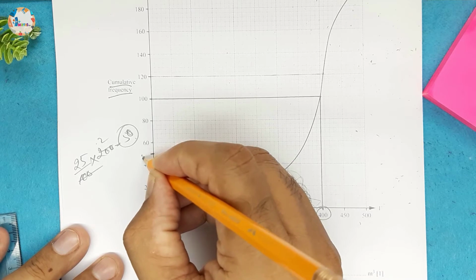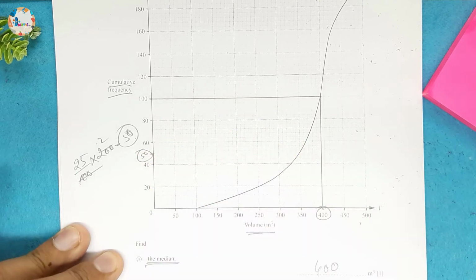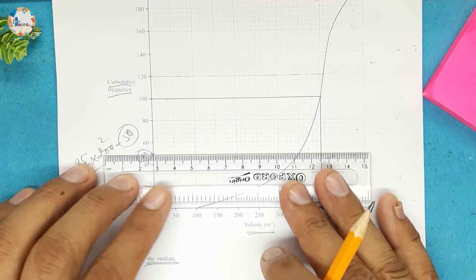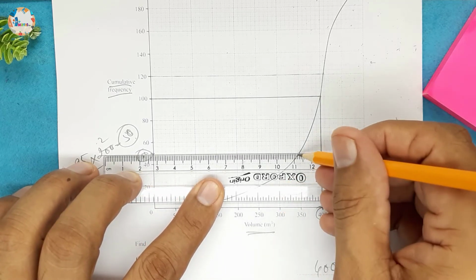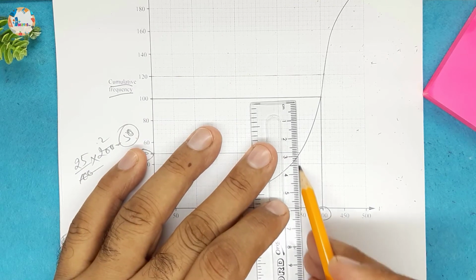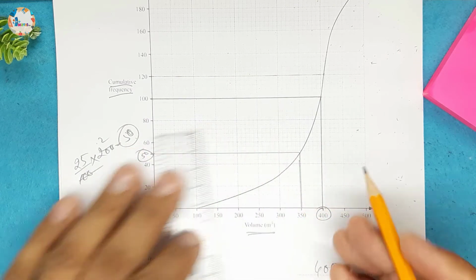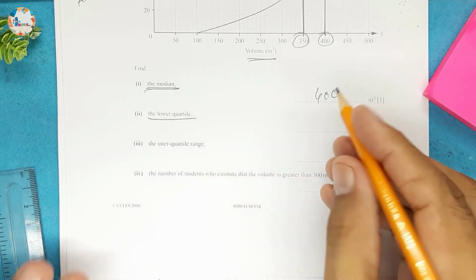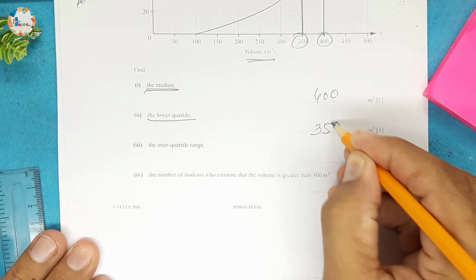So this reference will be 50. From here we can draw the reference line, and this will be over here, and similarly from this side also we can draw. This is 350, so we can write the lower quartile as 350.